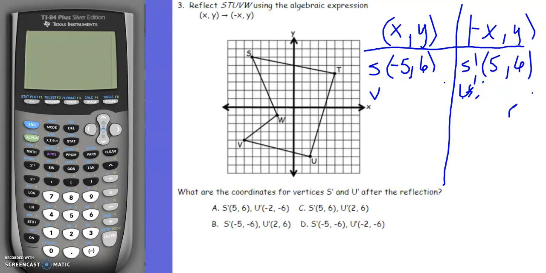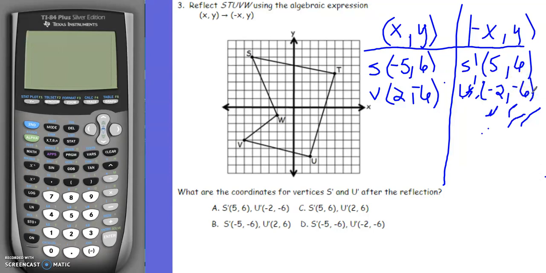U is 1, 2, so 2, and it is 1, 2, 3, 4, 5, 6. Okay, sorry, negative 6. So now we are going to take the opposite, which is negative 2, negative 6.